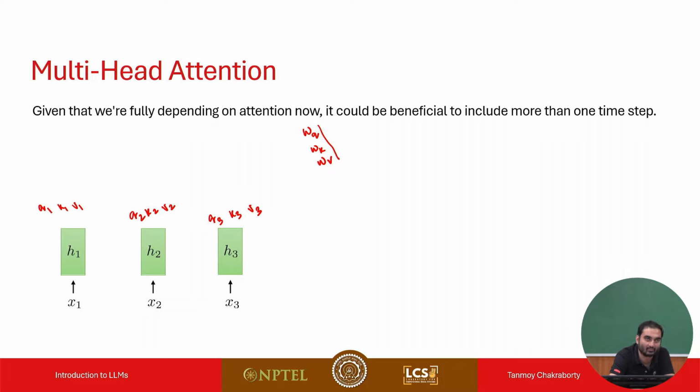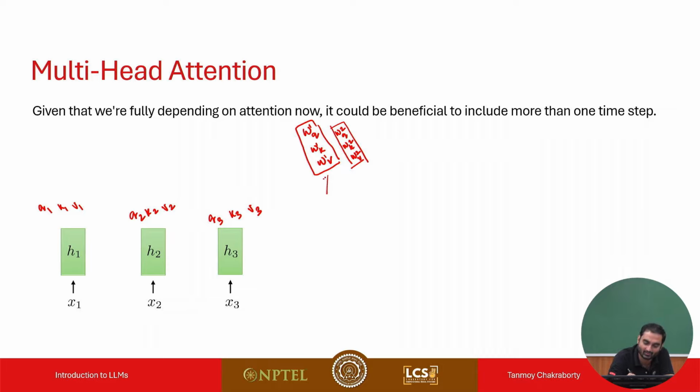In multi-headed self-attention, we repeat the same thing multiple times, meaning we have one set of parameter matrices, and we take another set of parameter matrices, which would look like this: WQ1, WK1, WV1, and WQ2, WK2, WV2 is another set of parameter matrices.